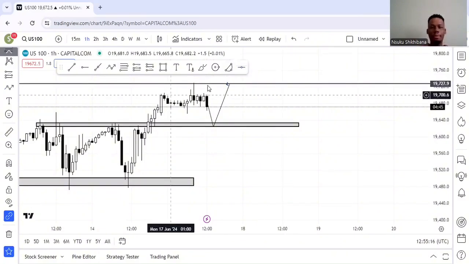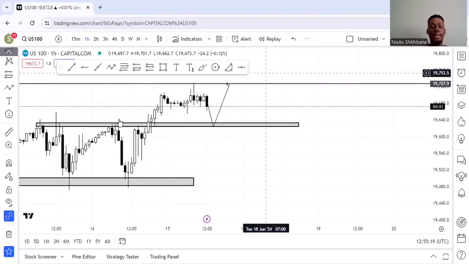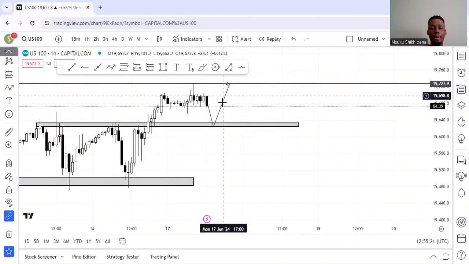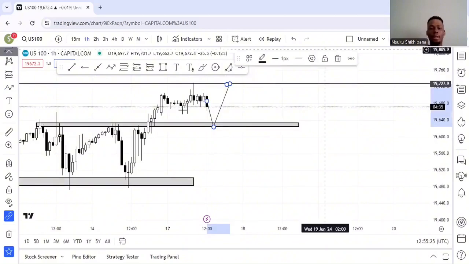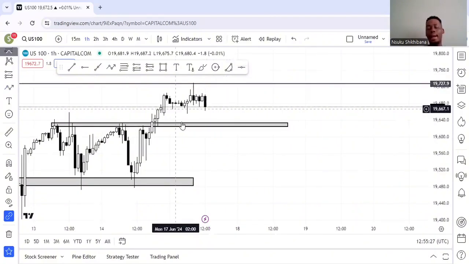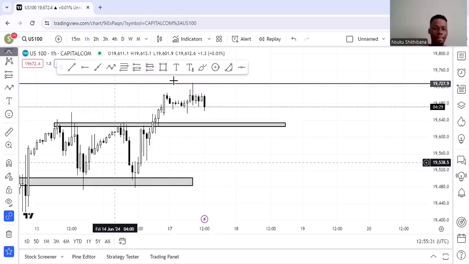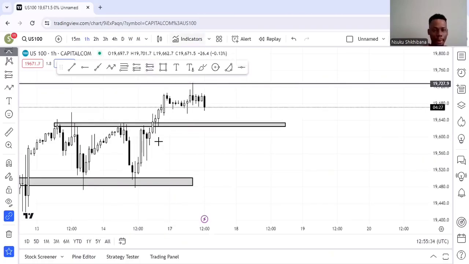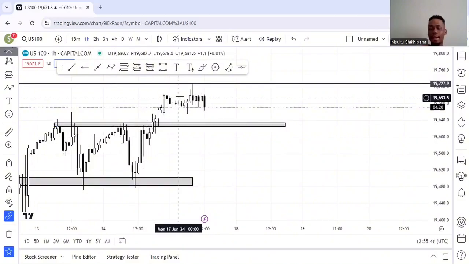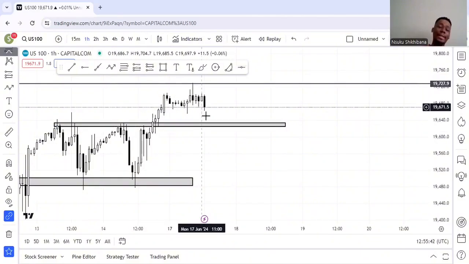So if you're going to be trading Nasdaq like I am going to be doing, this is the setup which I am taking. I am taking a level break and retest setup, where price broke this area here, which was the support, which was the resistance, and then it is retesting it right now as a resistance.